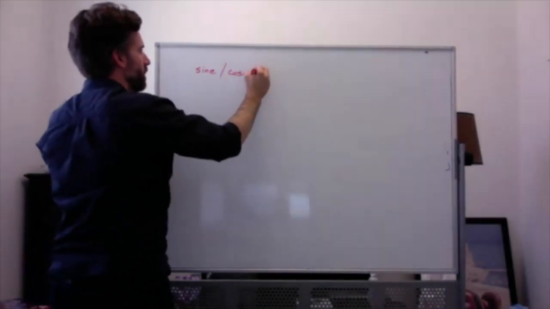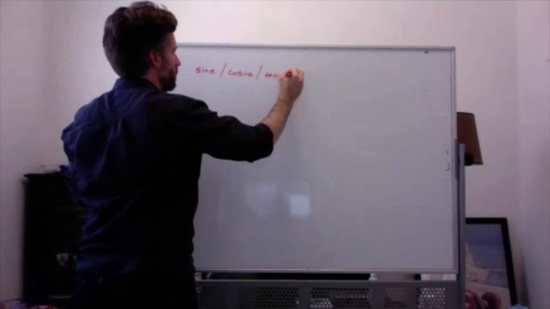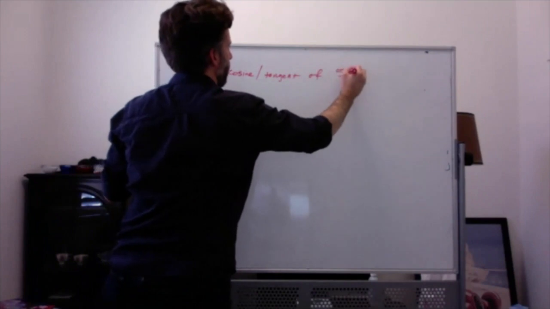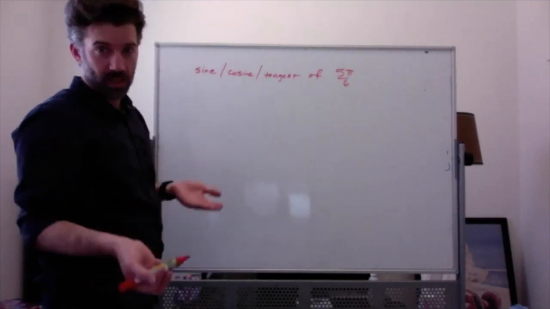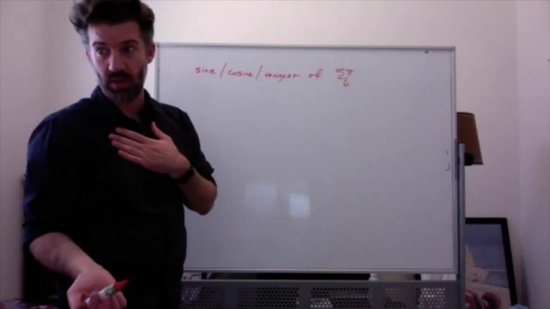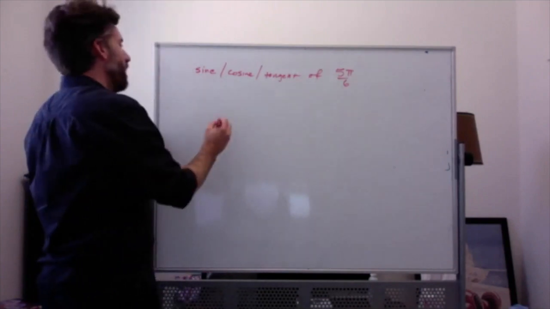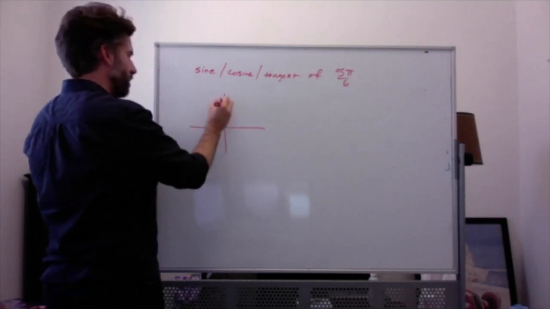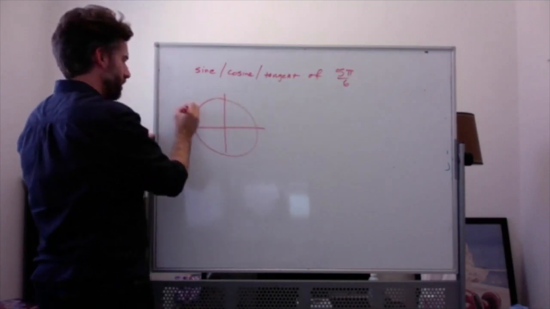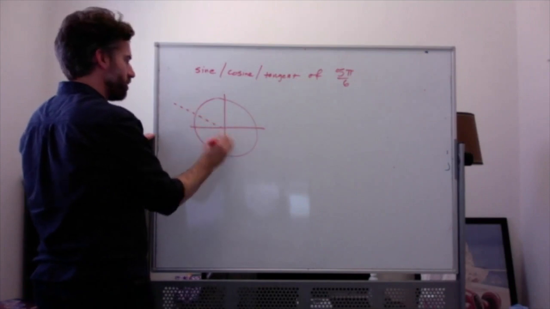If I said I want to find sine, cosine, and tangent of 5 pi over 6, one way you could do it, not the way I'm going to do it in general, is to say: I know that 5 pi over 6 on the unit circle is the angle that's over here.